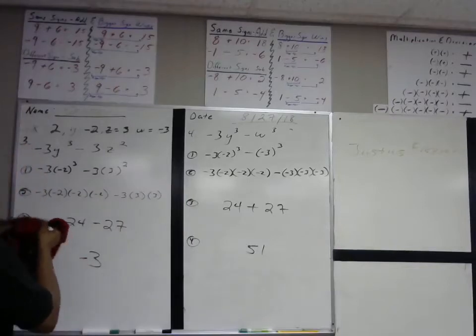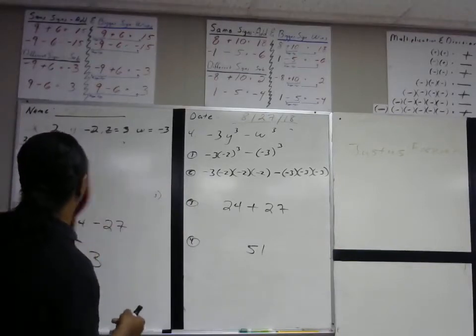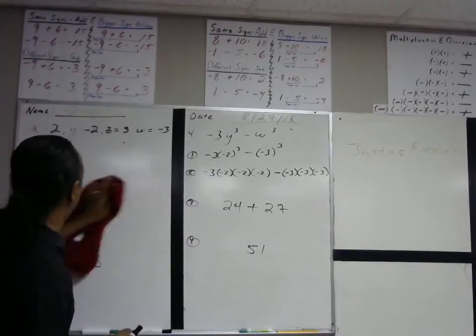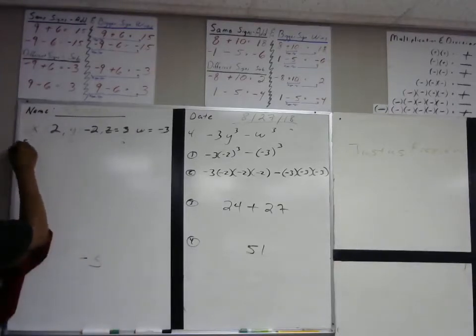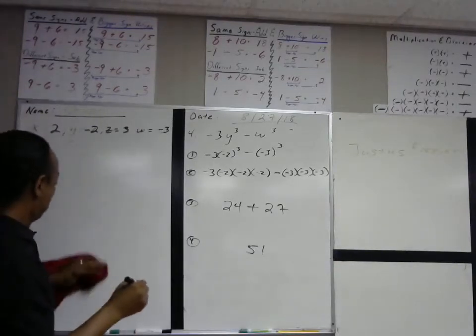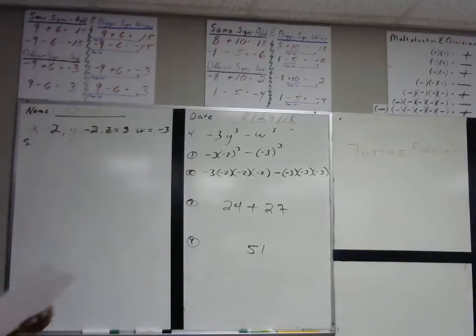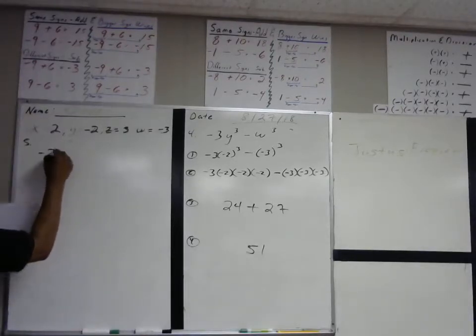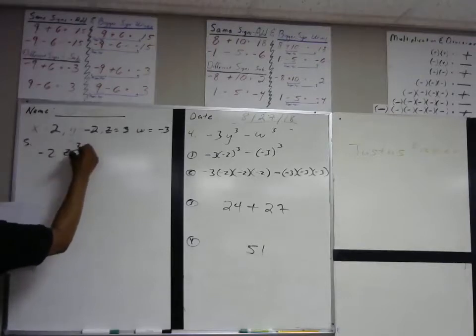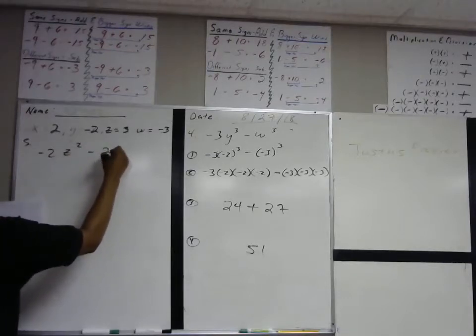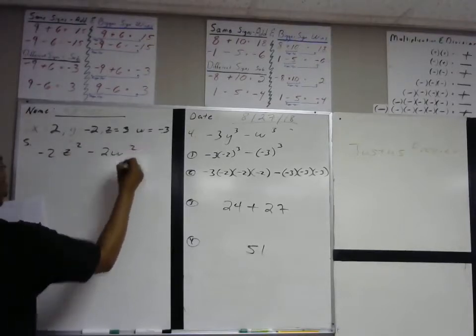Okay, number 5. Number 5, we have a negative 2z squared minus 2w squared.